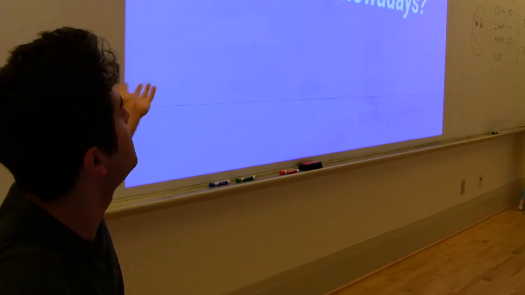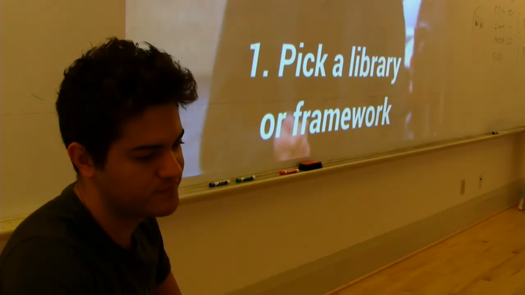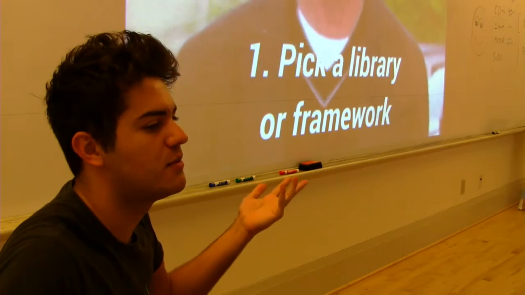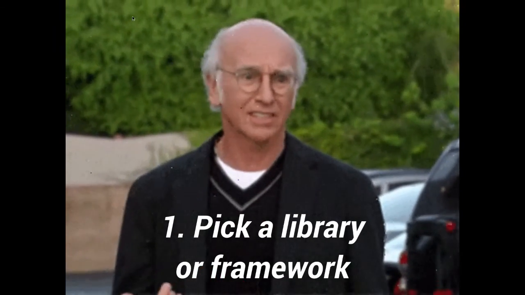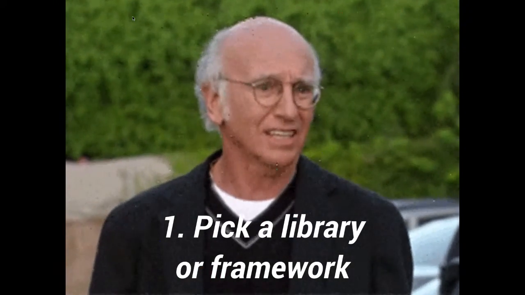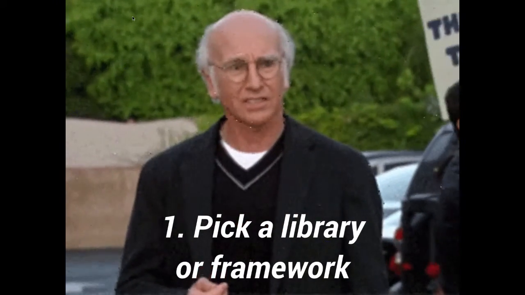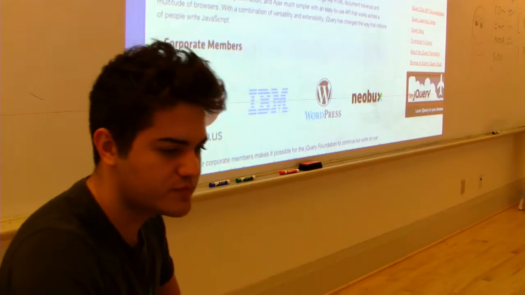But how do we create a component nowadays? So first, you pick a library or a framework. You're not sure what the best option is. You have Angular, you have React, you have Polymer, there are many options, and you're like, okay, what's the best? But I'm not gonna write this from scratch.